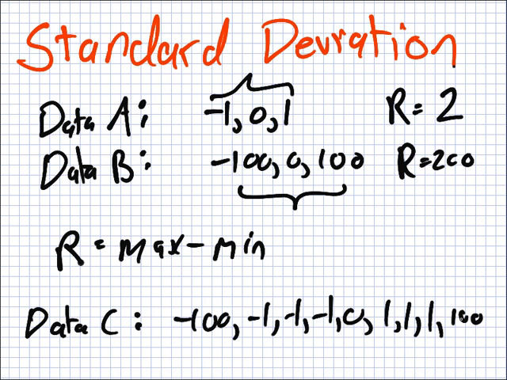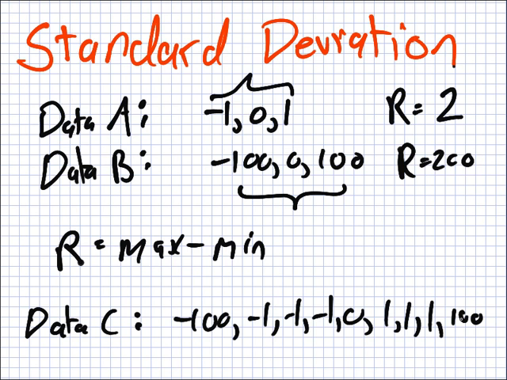Minus 1 and 1. And what's quite rare? Minus 100 and 100. But the range here would be 200. Even though most of the numbers are near 0, the range is still 200. So we don't use range.